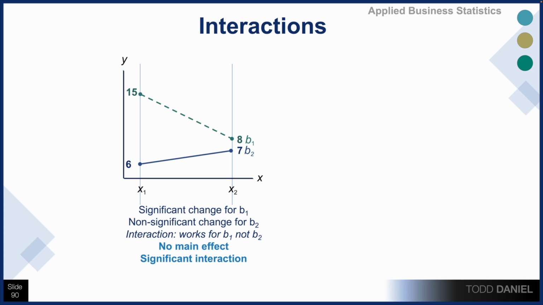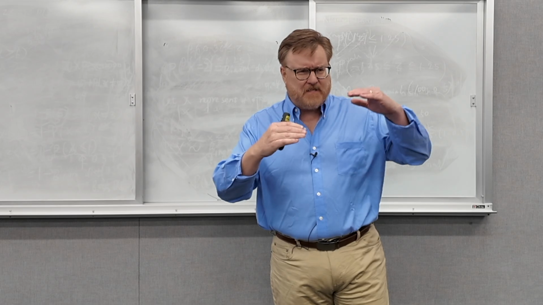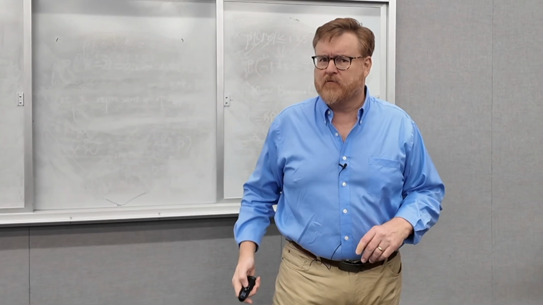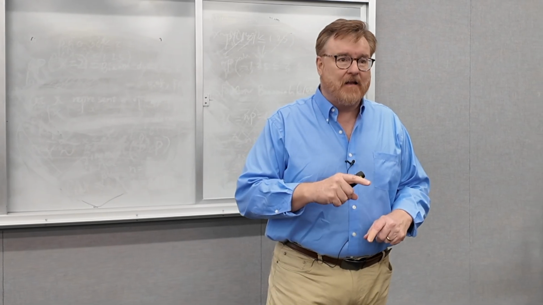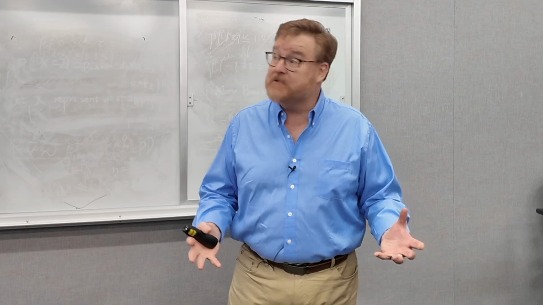But what we do have is an interaction. Our treatment works for the B1 group, but it doesn't work for the B2 group. Now group membership matters. Whatever it is that distinguishes B1 from B2, it works for one group, doesn't work for the other group. When you see the lines cross, now you have a really interesting interaction.